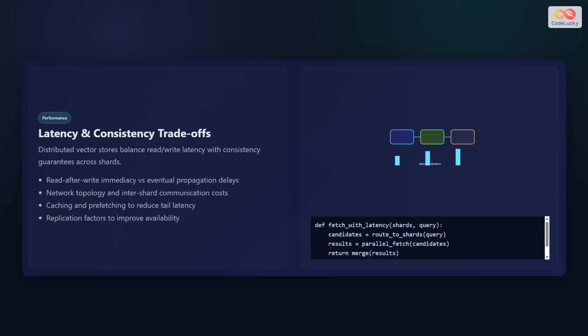Latency, or response time, is critical for real-time applications. Caching frequently accessed vectors and query results dramatically reduces retrieval times. Batch processing allows multiple queries to be processed together, improving throughput. Early stopping terminates searches once enough results are found, avoiding unnecessary computation. Query pruning removes unlikely candidates before detailed comparison.